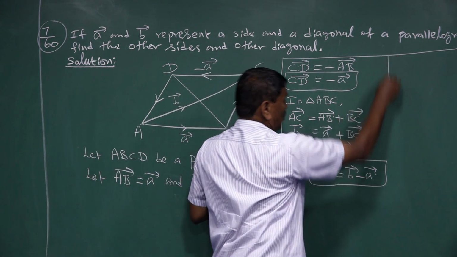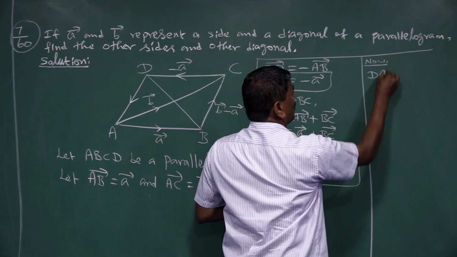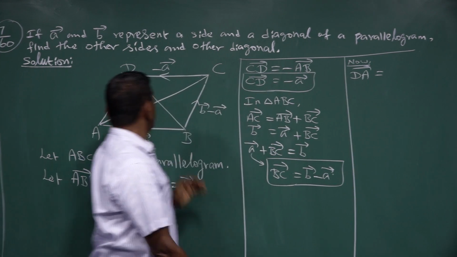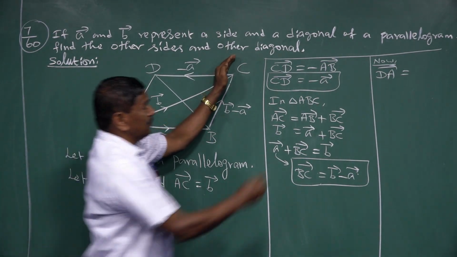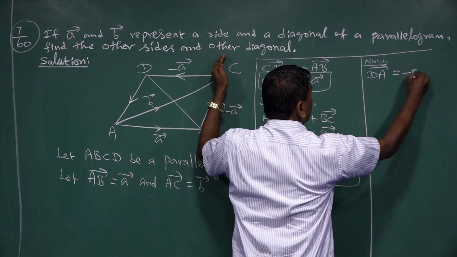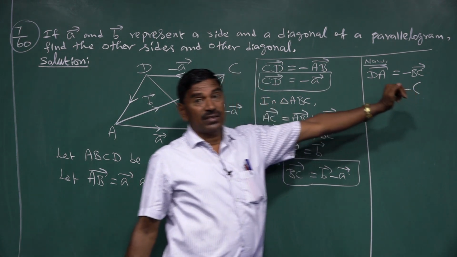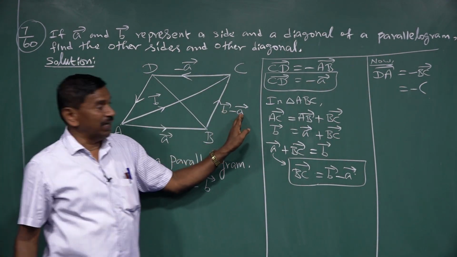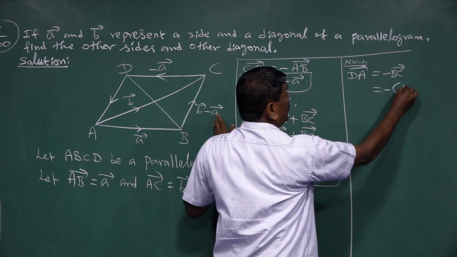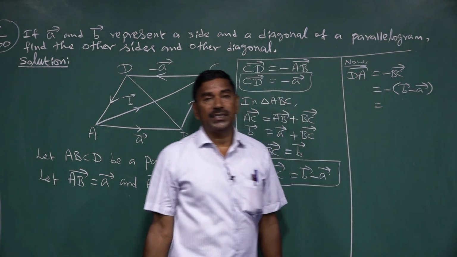Now vector DA is equal to minus vector BC, which is equal to minus of vector b minus vector a. Next, simplification.